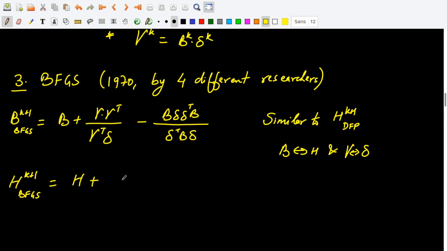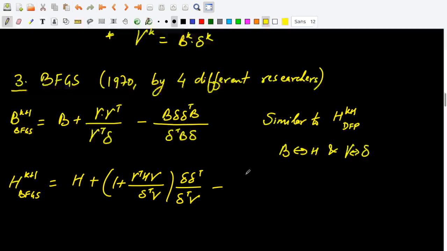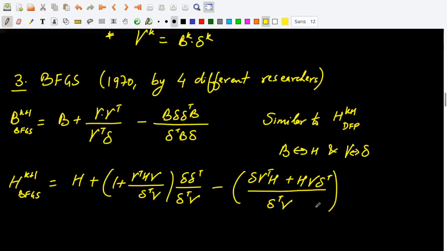So this is minus of a term very similar to B DFP, delta gamma transpose H plus H gamma delta transpose, whole thing divided by delta transpose gamma.